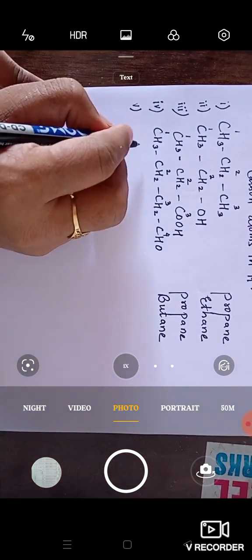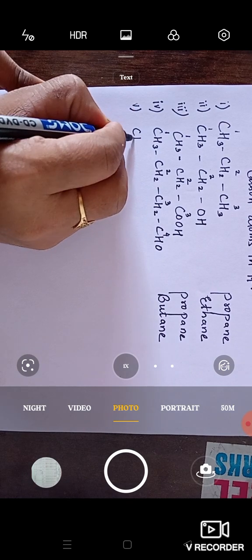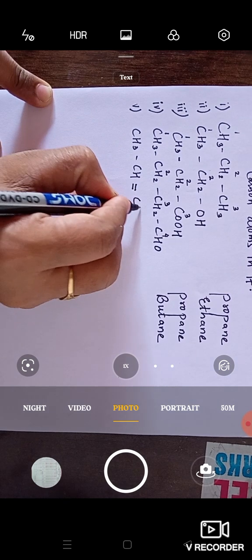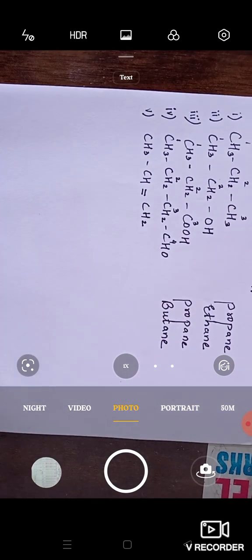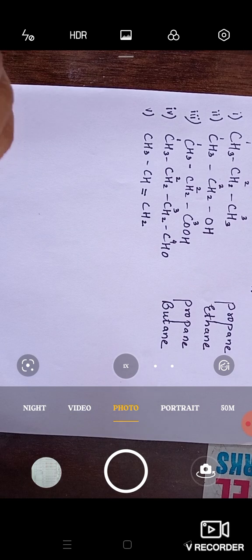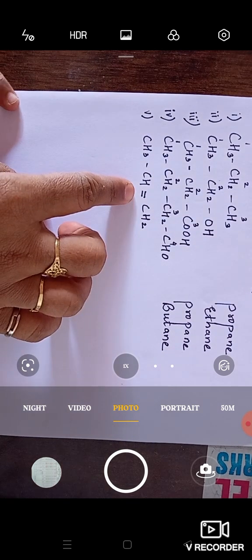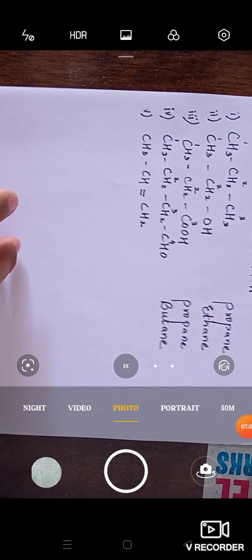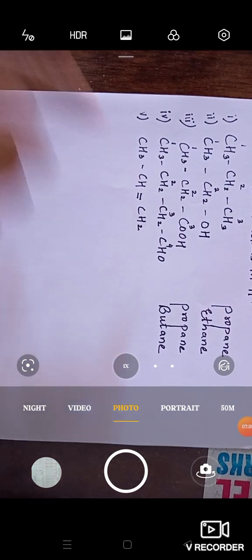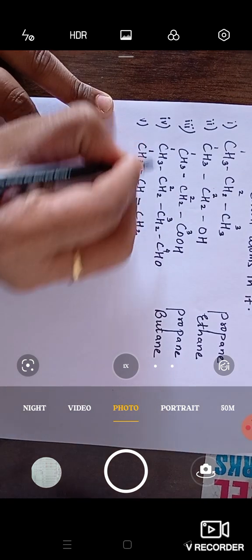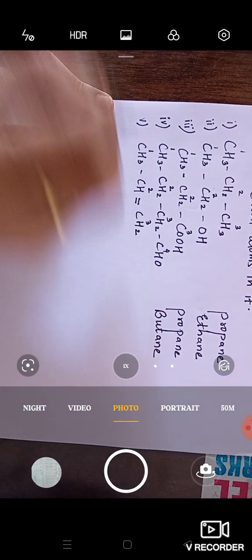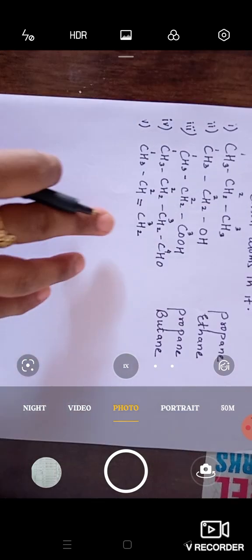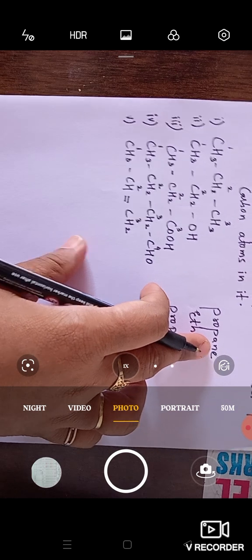We'll take more examples. CH3, CH, double bond CH2. Students, this is the straight chain, but now you can see there is a double bond. If there is a double bond, we count the number of carbon atoms as we were doing earlier: 1, 2, 3. The alkane with 3 carbon atoms is propane.